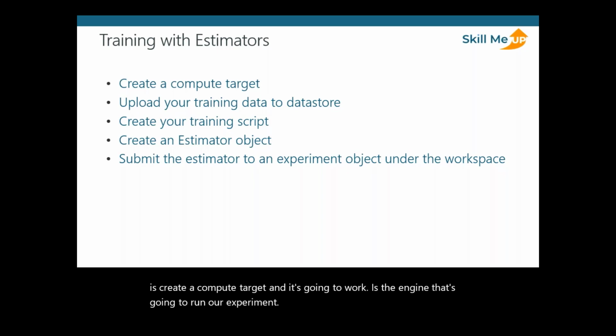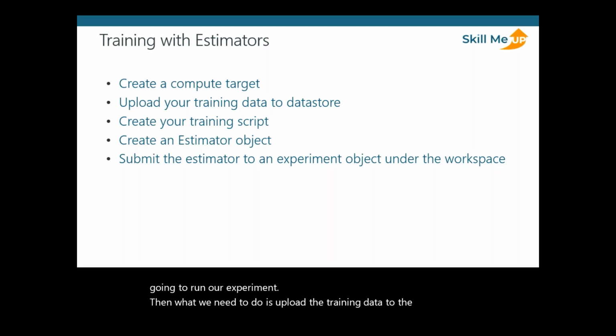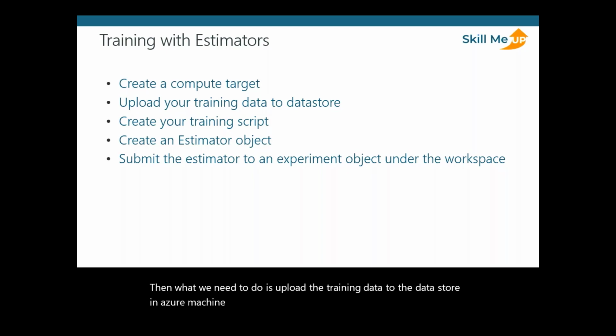Then we upload the training data to the data store in Azure Machine Learning. Once we have done that, we can create a training script, and then we can use our estimator objects, and then we can submit the estimator with all of our details so it can be run.